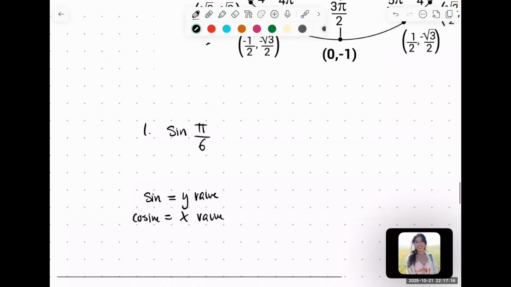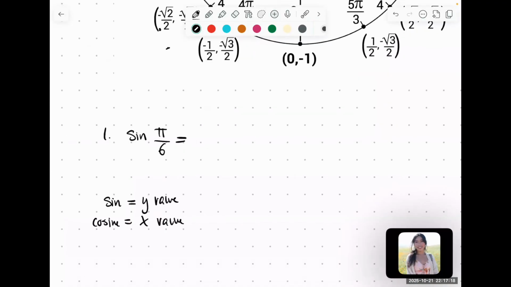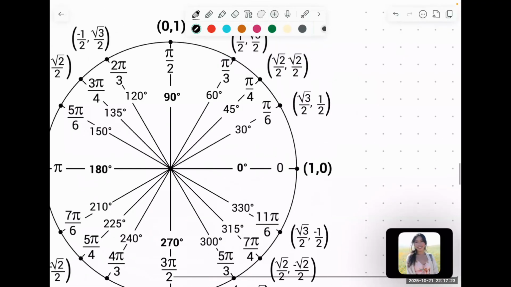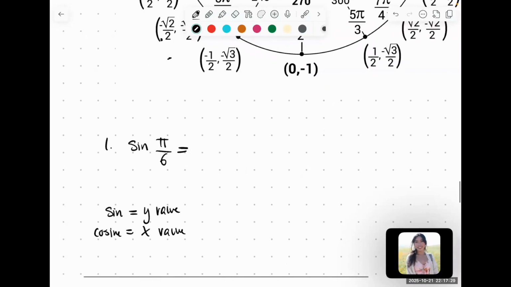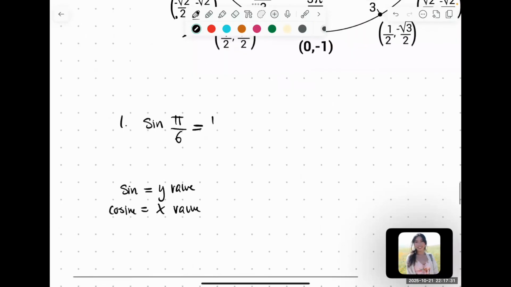So if we're trying to find sine of pi over 6, all we're doing is going over to pi over 6 and looking at not the x value, but the y value. And that is 1/2, so we put 1/2. And that's it.